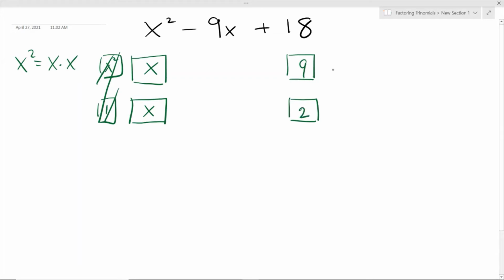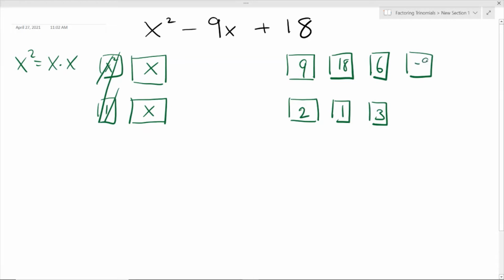There are so many options. You can do 18 and 1. You can do 6 and 3. And we must consider this positive sign, so those two have to multiply to positive 18. We can even put negative numbers here, like negative 9 and negative 2, because negative 9 times negative 2 gives positive 18.